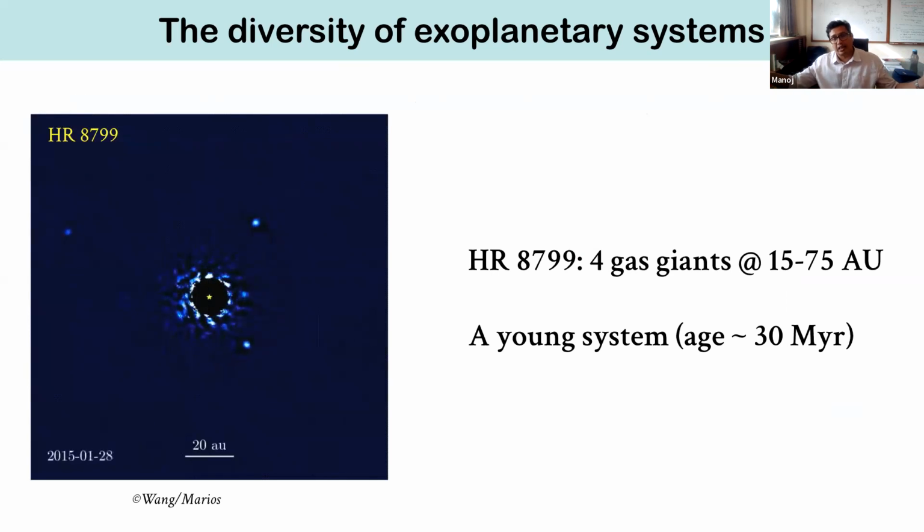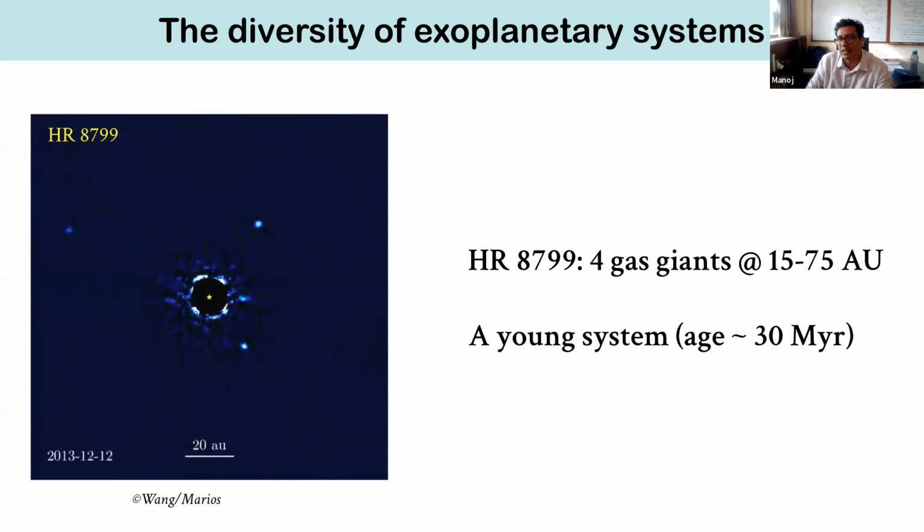But then we also have, as I was telling you from the earlier figure, quite extended systems. HR 8799, the time series that I showed earlier, has 5 gas giant, Jupiter-like planets at distances from 15 AU. 1 AU is the Earth-Sun distance, so 15 times the Earth-Sun distance to 75, much beyond the extent of the solar system. And this is a relatively young system too.